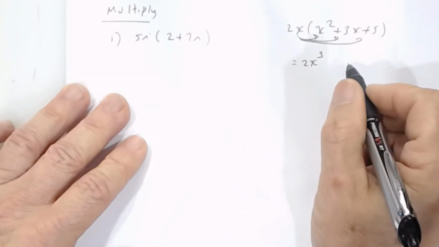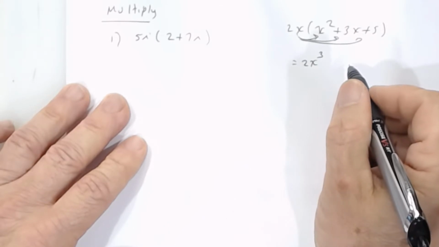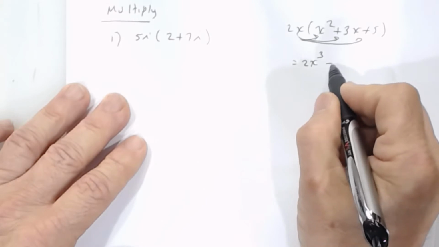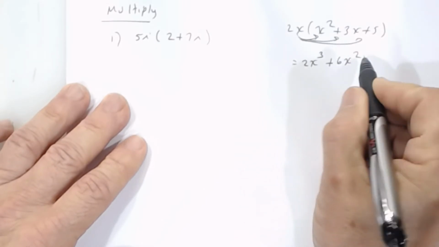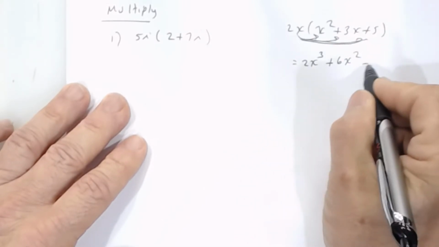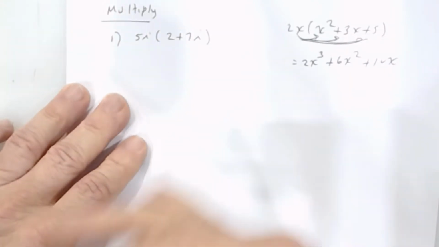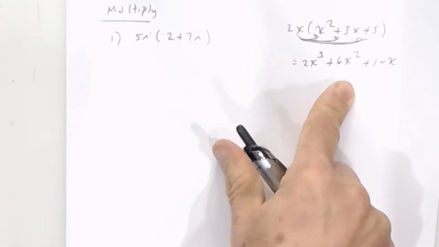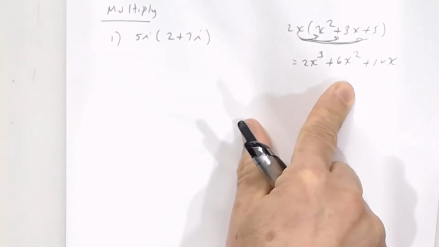When you multiply like bases, what do you do with your exponents? You add them. What's 2x times 3x? 6x squared. And what's 2x times 5? 10x. So basically you used the distributive property, correct? But you also used the fact that x times x is x squared. When you multiply like bases, you add the exponents.